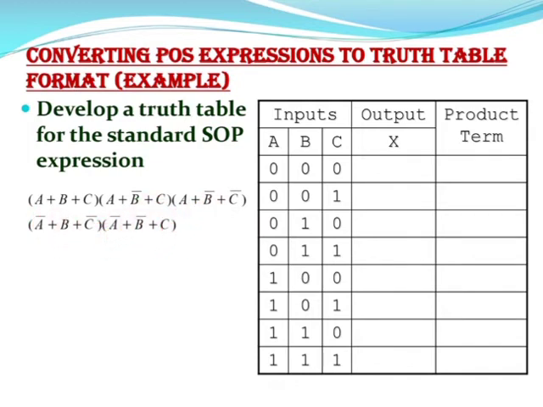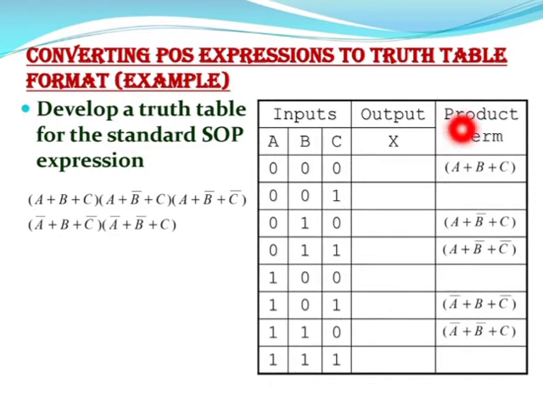So first you should enter the sum terms here. Sorry, I wrote product term, but it's a sum term. So A plus B plus C, A plus B bar plus C, A plus B bar plus C bar, A bar plus B plus C bar, and A bar plus B bar plus C. So you enter all the sum terms in the column, and in the output you should enter 0 corresponding to these terms.